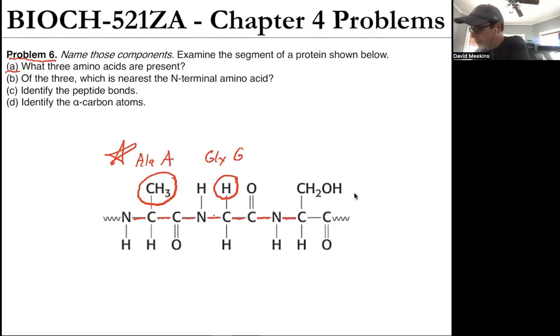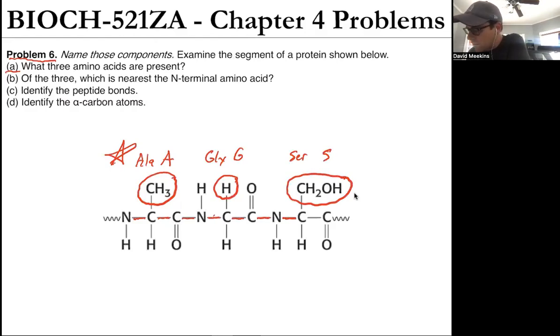Then that amino group is binding to another alpha carbon, and it has this side chain here, which is one methyl group and one hydroxyl group. That is the polar amino acid serine, SER and S. Okay, so alanine, glycine, serine.